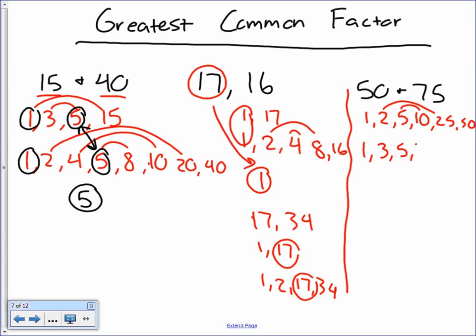I have 25. Okay, so 25 and 3. Actually, there is 1 in between 5 and 25. Should be 15. So 5 times 15. 3 times 25. And then 1 and 75.